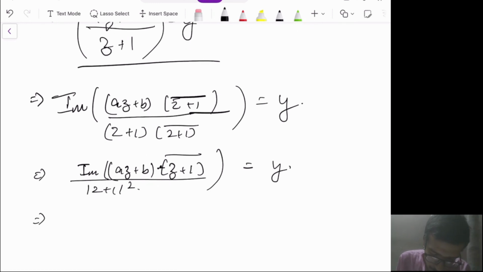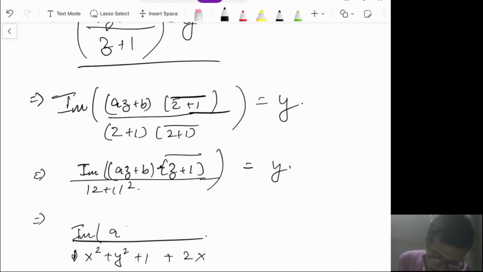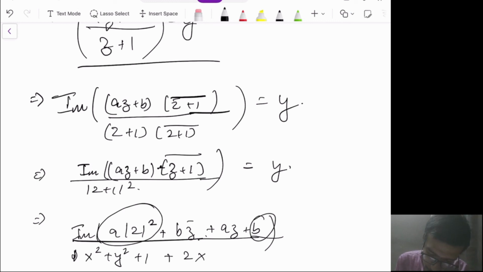Essentially the denominator is going to be mod of z plus 1 squared, which is x square plus y square plus 1 plus twice the real part of z, which is x. And from the numerator, what are the terms I have? I have a times mod z square plus bz conjugate plus az plus b. This is purely real, this is also real, and from the remaining term I'm going to get some imaginary part.